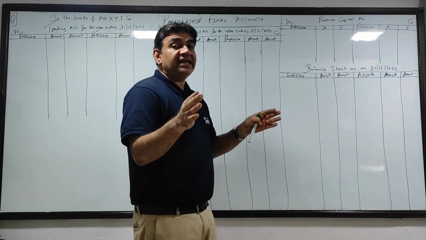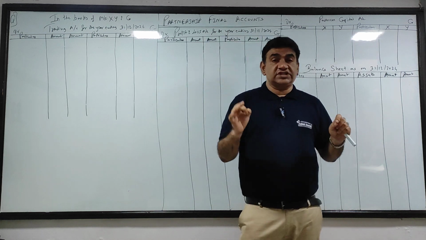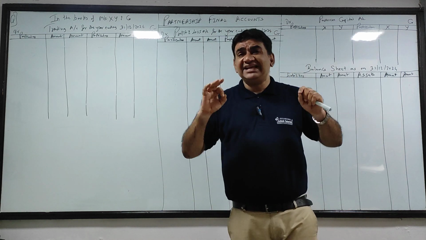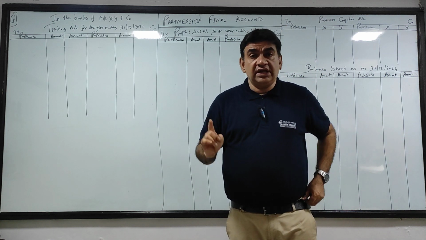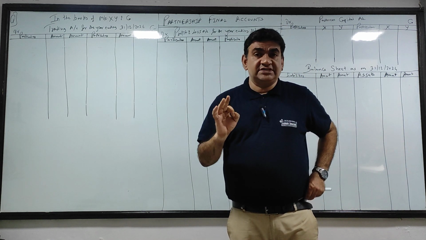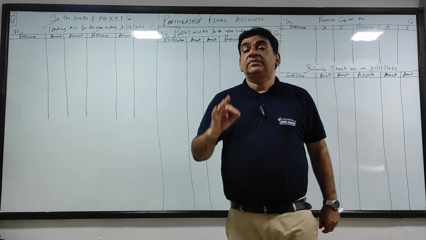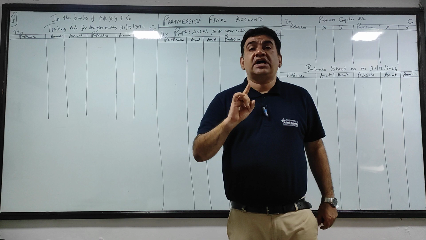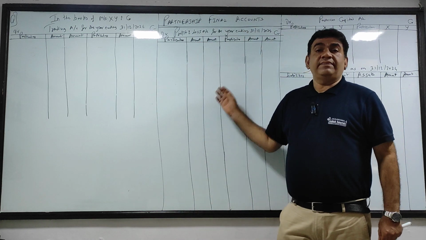In the starting I told you about direct expense and indirect expense. Indirect expenses are those expenses which are connected with business, but they are not direct. In short, all business expenses, and by business I mean personal expenses do not come, which are not direct are indirect, and all of them come in P&L.